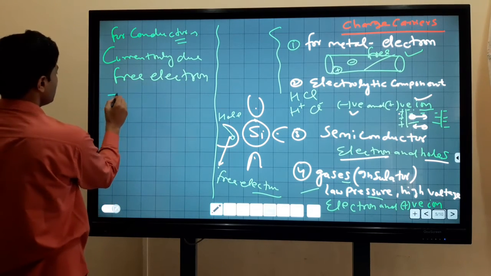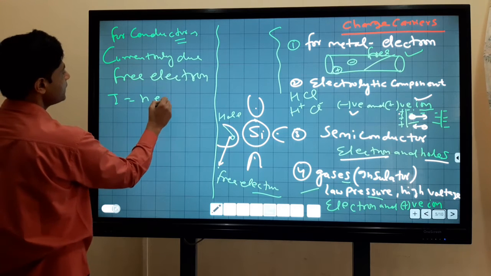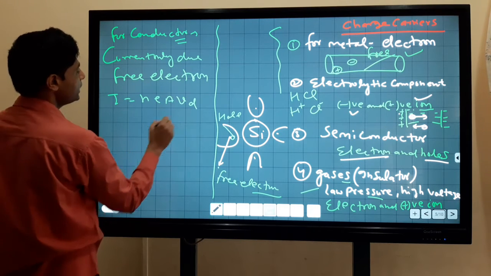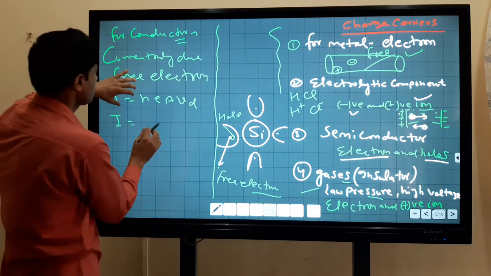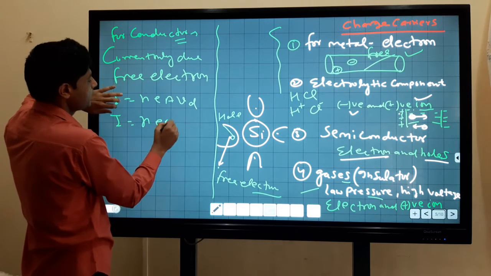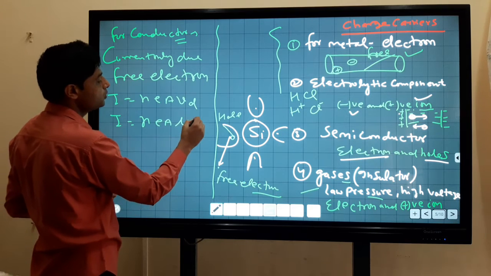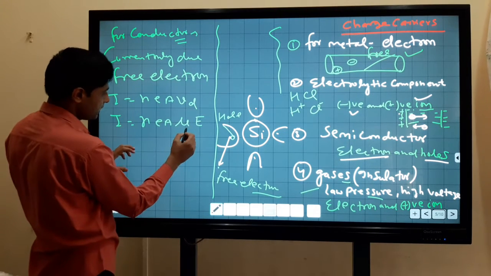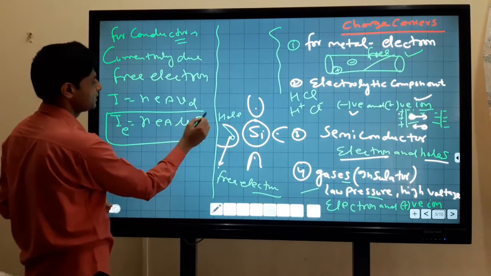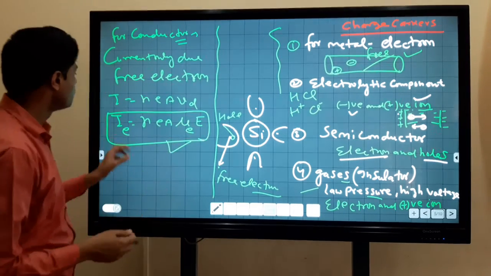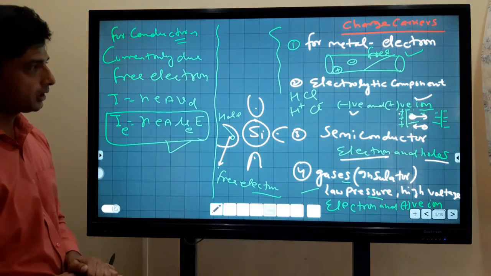It means I equals n e A Vd. As you know, Vd equals mu E, so I equals n e A mu E. It is the value of current in a conductor, where only free electrons carry the current.